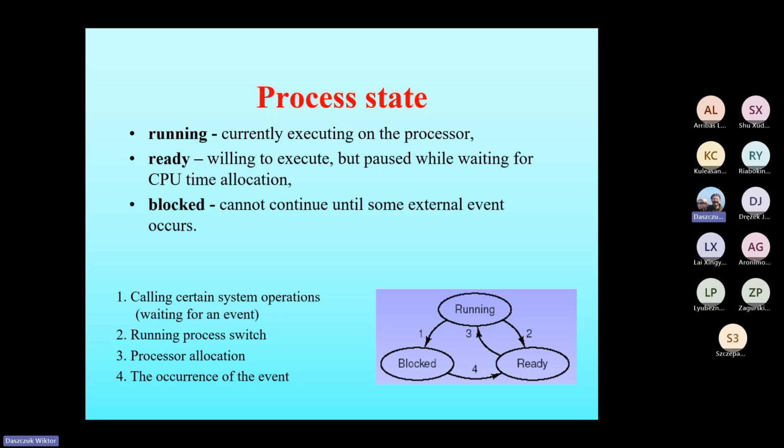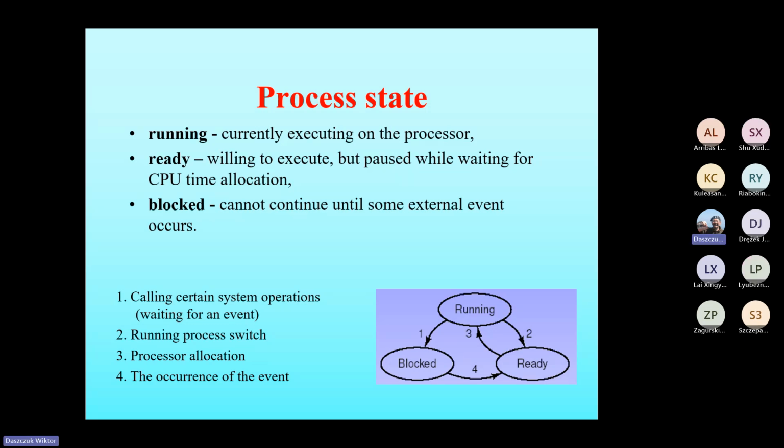Because these decisions, 2 and 3, are made by the system scheduler, which allocates processors to processes. The decision to unblock the process is made on higher levels of abstraction.